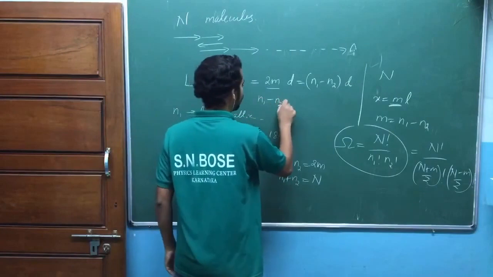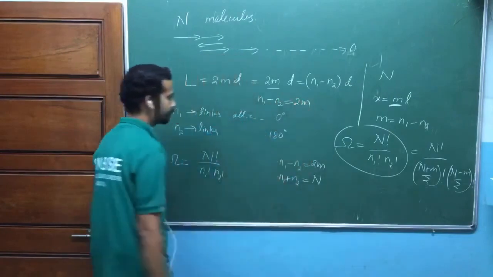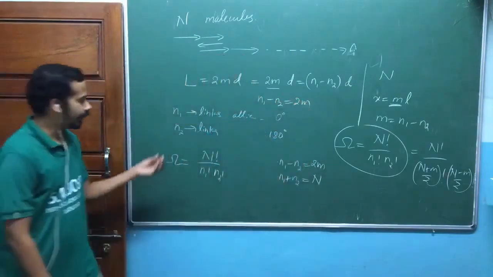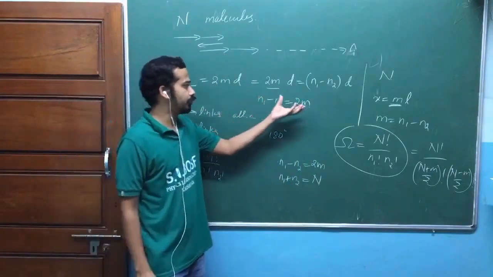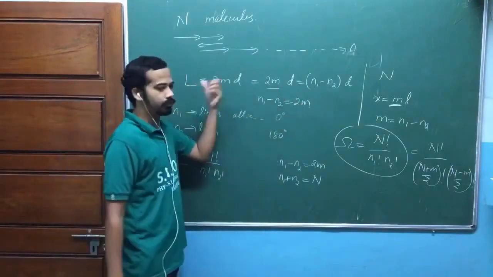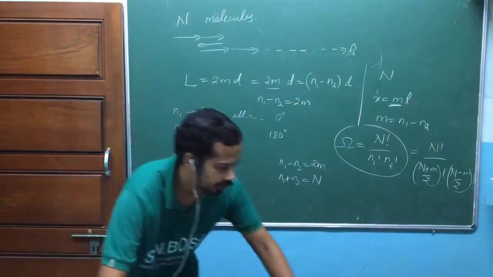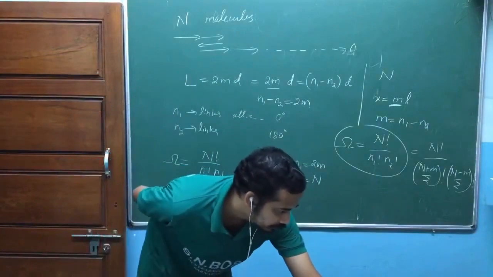If n1 minus n2 is equal to 2m, then your total length will be 2m into d. It is given in the diagram.